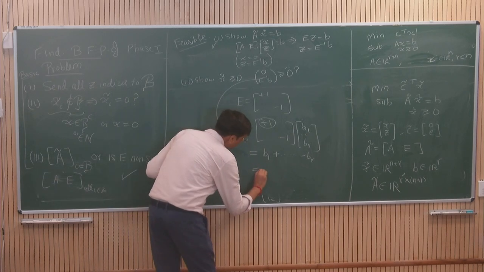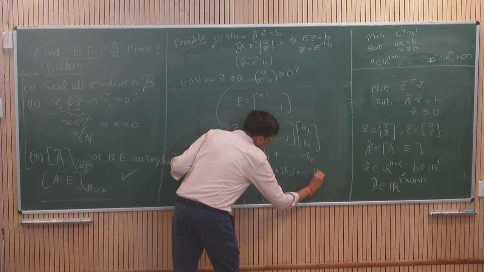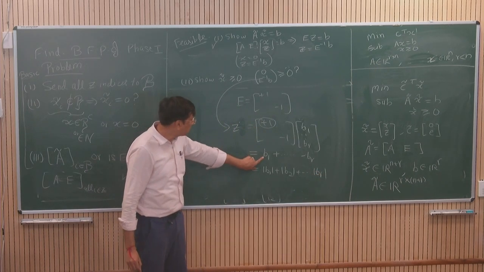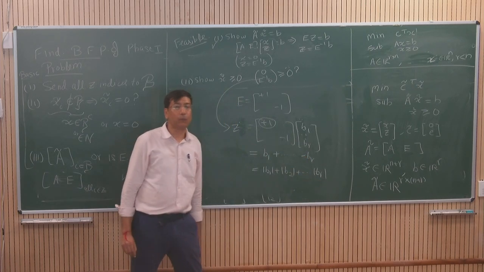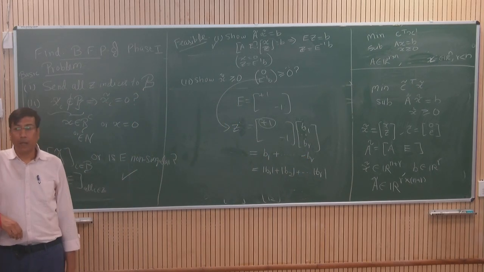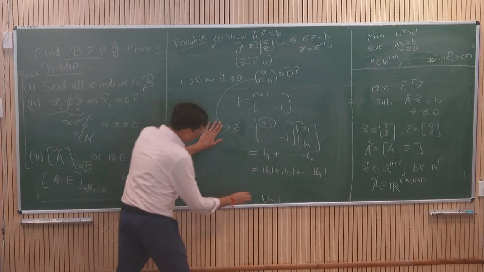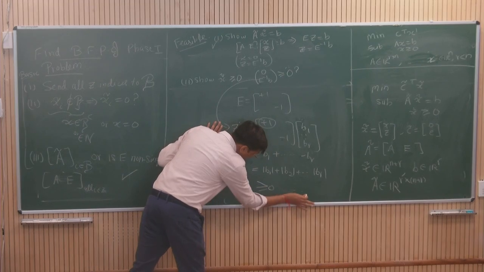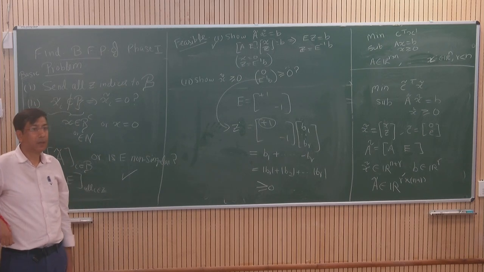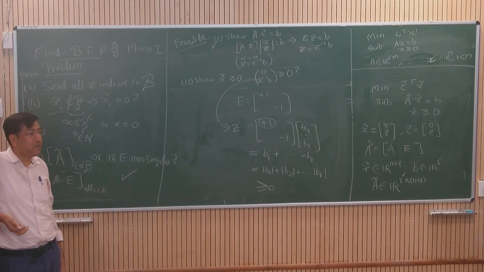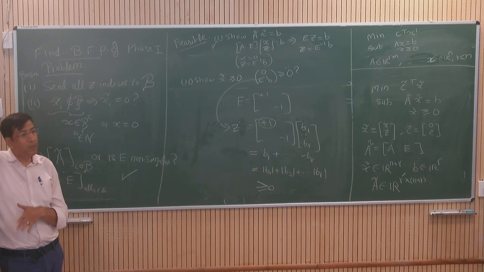So this is nothing but b1 plus b2 plus br, because this is positive, this is negative, that's why a minus 1 came. The negative and the negative will make it positive. Everybody with me? So which means that z is greater than or equal to 0. So hence done. It was so easy to find a basic feasible point. Just take the augmented variable index set z and put that in the B set, and then you're done.